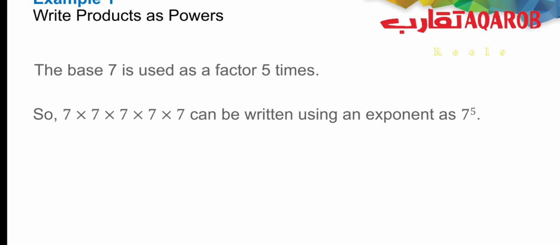And as we said, we can count the number of times that number 7 is multiplying by itself. We can say that number 7 is multiplied by itself 5 times. So it's 7 to the power 5. Now, 7 to the power 5, I call it actually power.